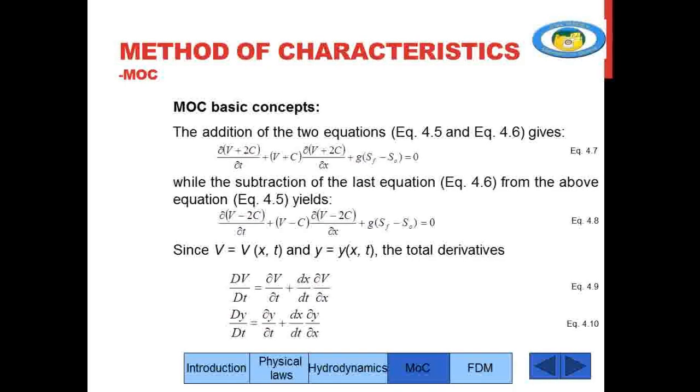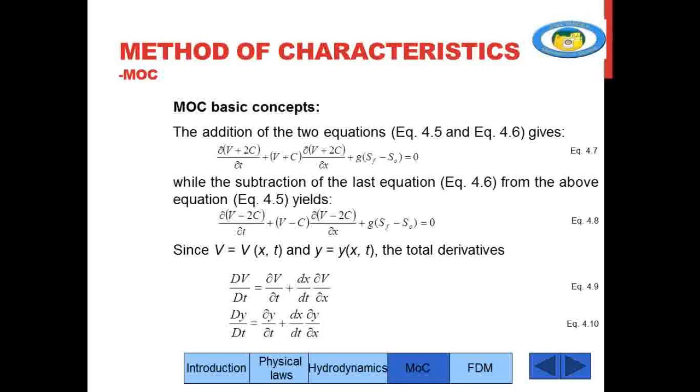So that moving observer that's moving with the same speed as the flow of water would only detect the change in velocity with respect to time, basically.